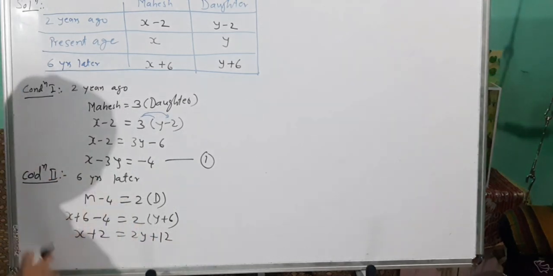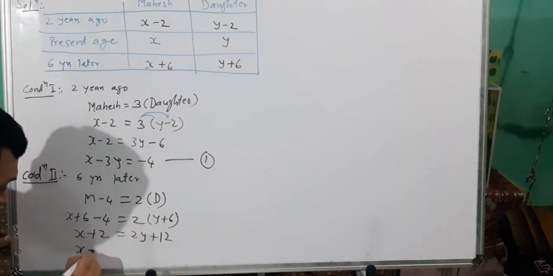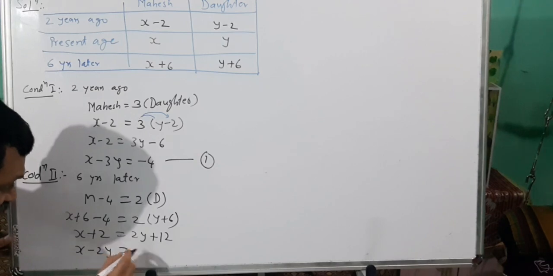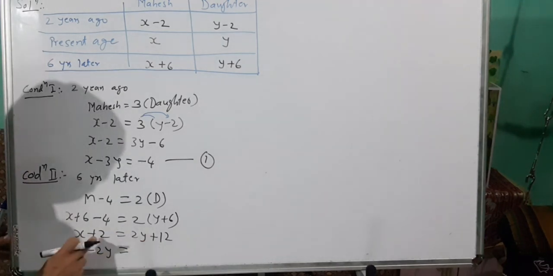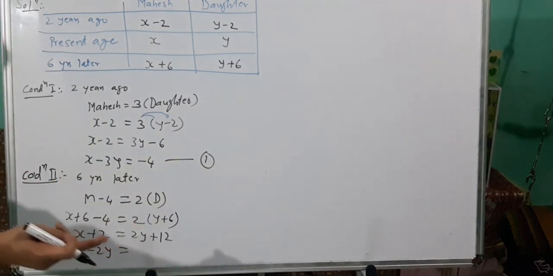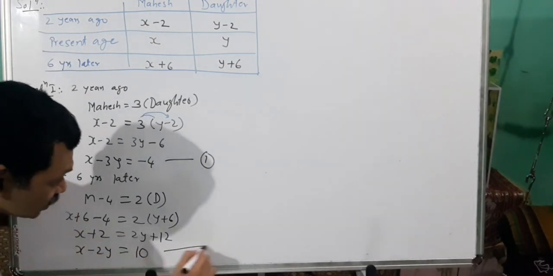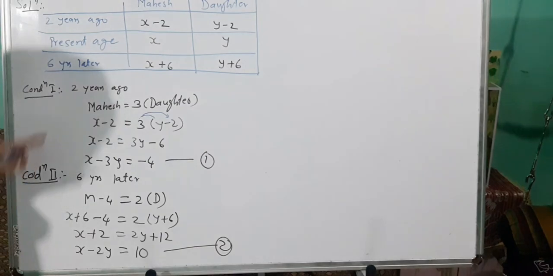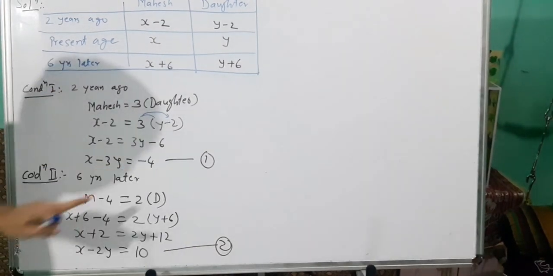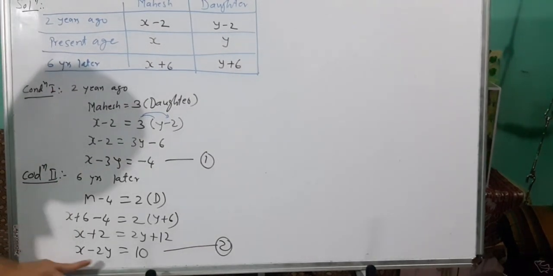Taking 2y to this side, x minus 2y is equal to 12, and this plus 2 goes to the other side as minus 2. 12 minus 2 is 10. So condition 2 gives equation 2. From condition 1 we got equation 1, from condition 2 we got equation 2.